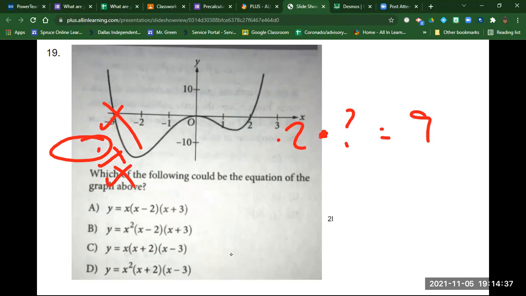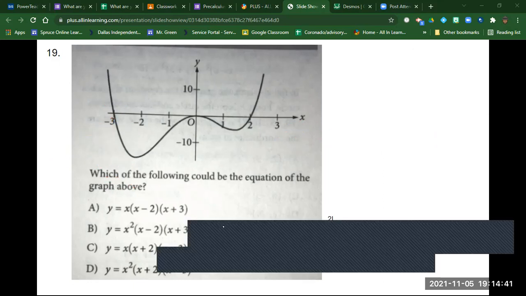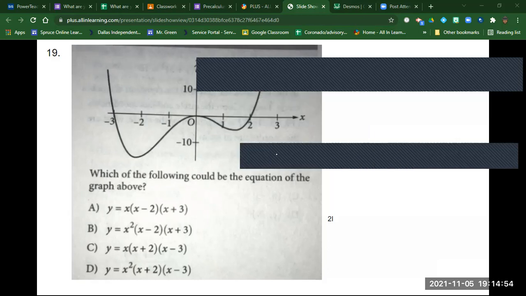All right, I like this problem. Which of the following here could be the equation of the graph? The long way would be to graph all 4 of these to see which one matches. It's much simpler to just look at the fact that this is an even function. It's like a W. Which of these are not even?